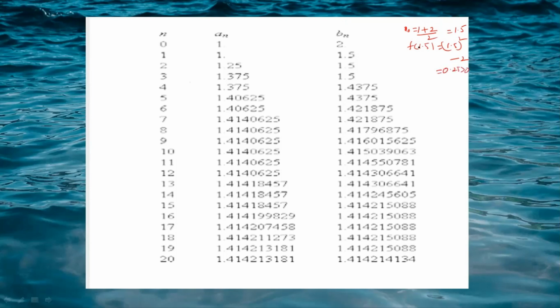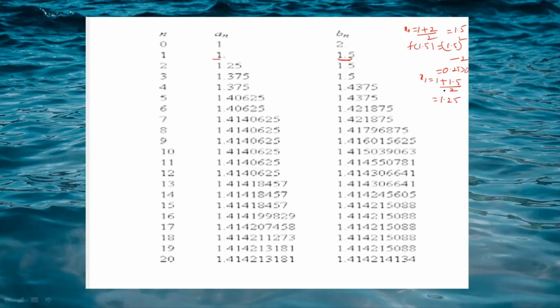So for 1.5 you are getting greater than 0. So keep it as it is with B. And what is the less than 0 value? 1. So 1, 1.5. Again bisect it. Your x1 is 1 plus 1.5 divided by 2. How much will you get? 1.25.